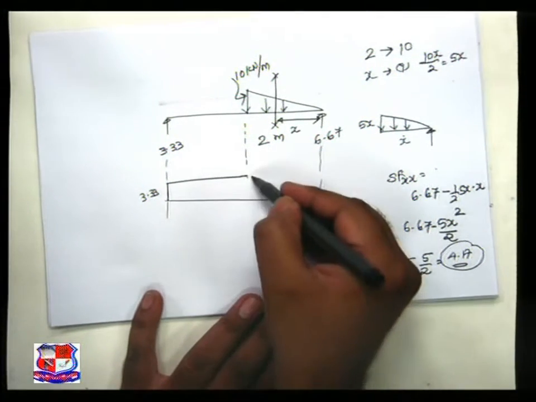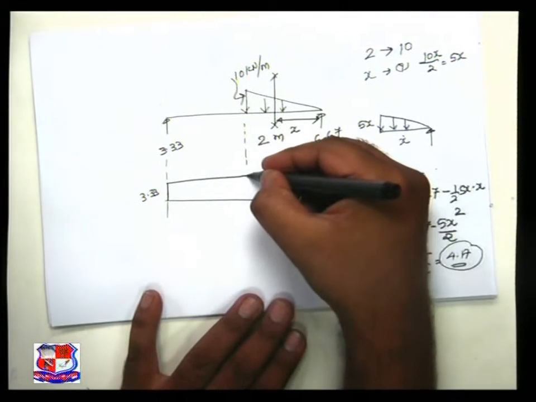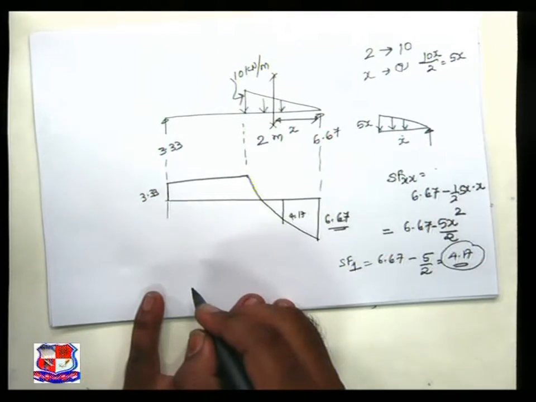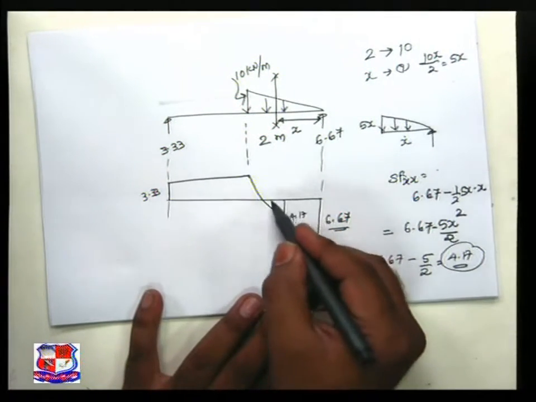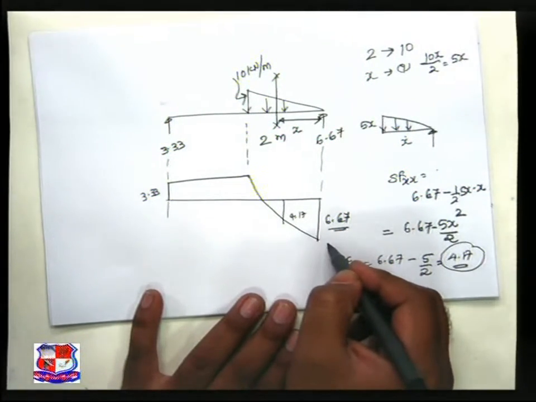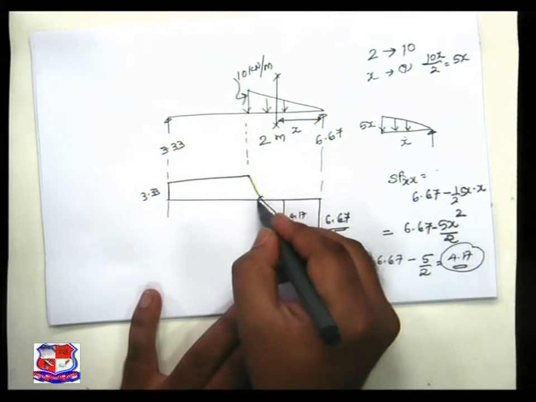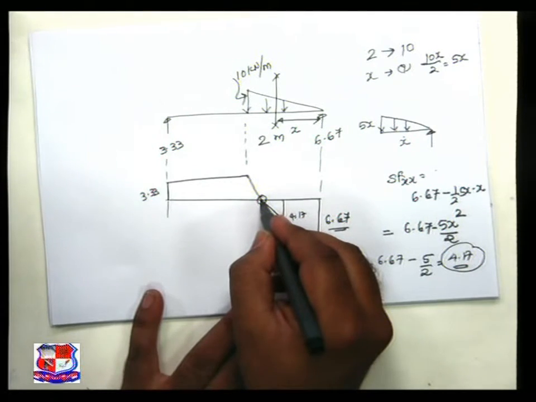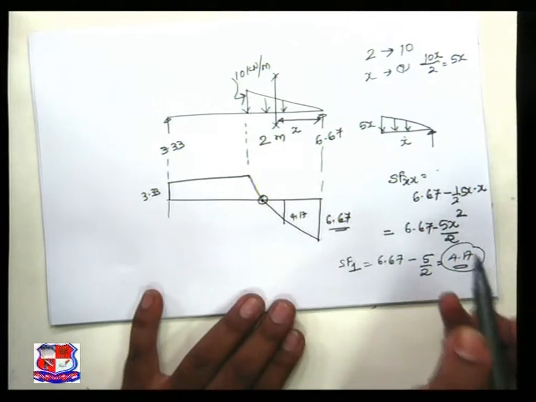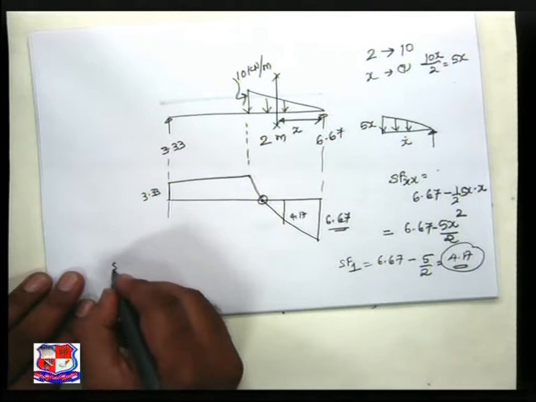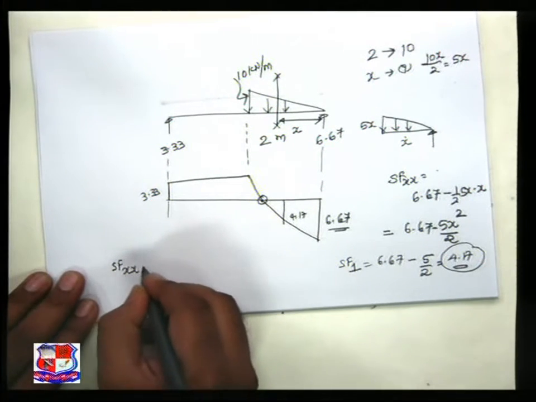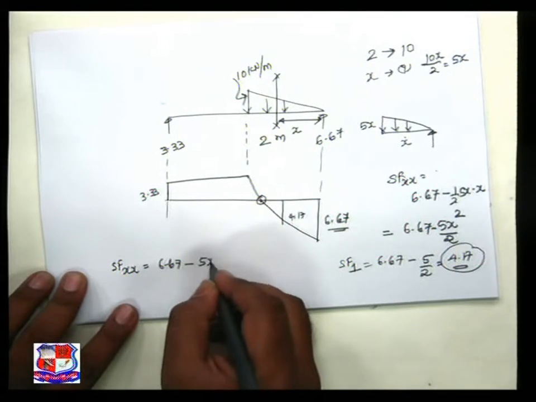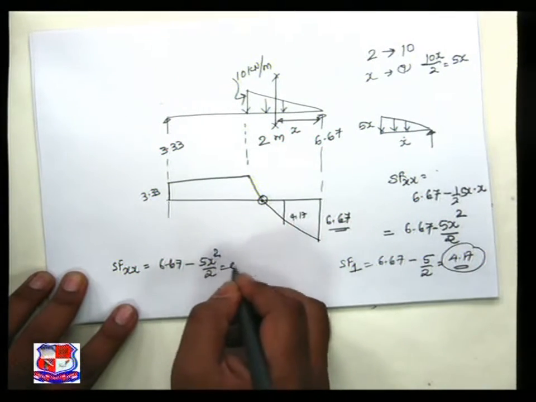So we have to join these ordinates by a parabola. So visualize the nature of the parabola. This is the distance at which shear force is 0. So we have to equate shear force at x, 6.67 minus 5x square by 2, equal to 0.